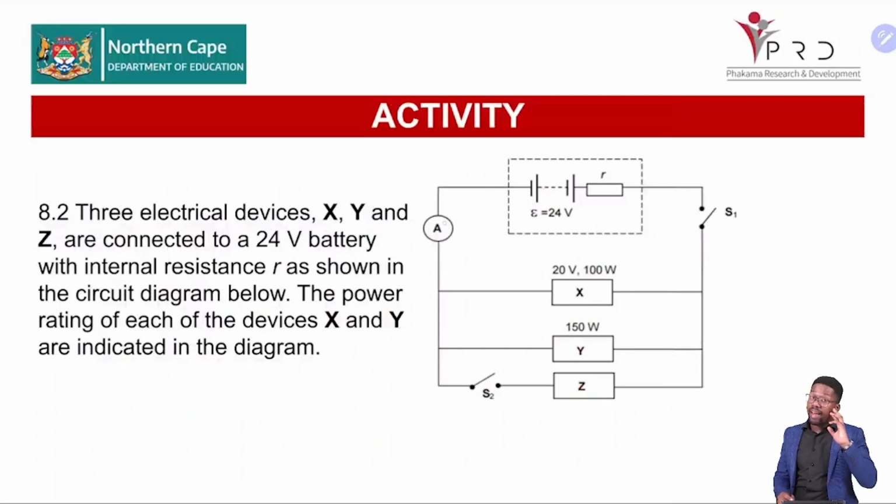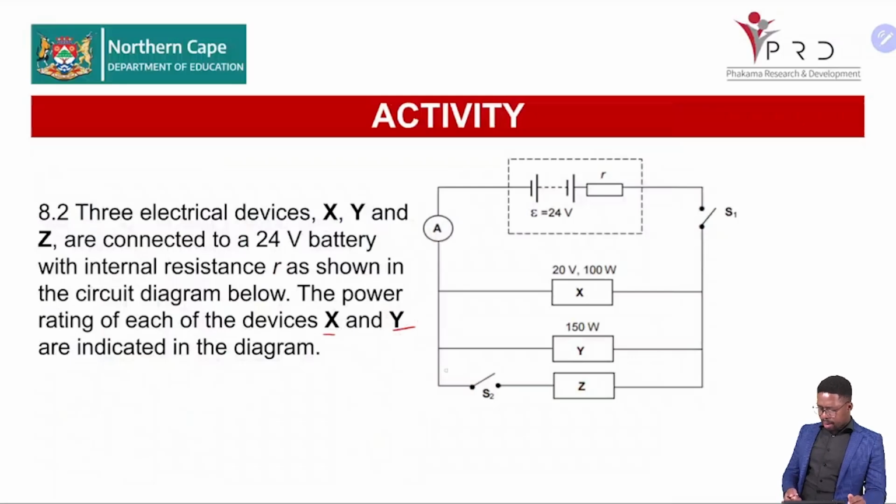We are given the EMF. So whatever we do, we must reach the internal resistance. That's our destination. The power rating, see now they're talking about power, for the devices X and Y, they are indicated.